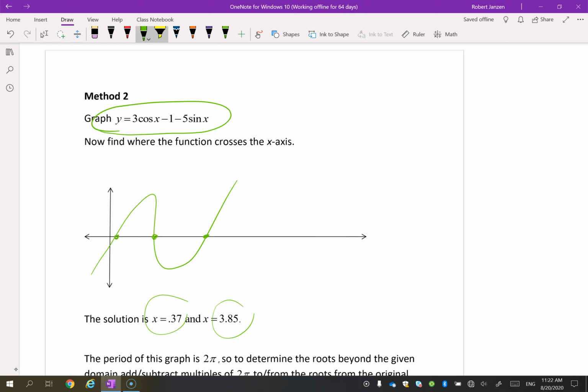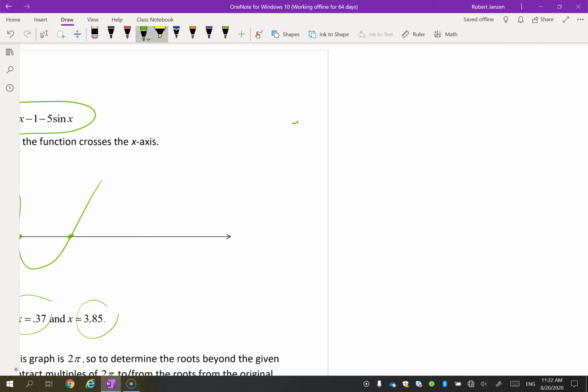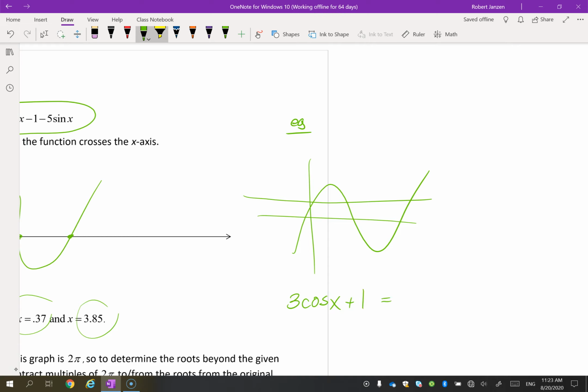Now I have seen this question. It looks something like this. I'm just going to put a sinusoidal graph, and I'll put another line through here. And it says something like, using the graph, state the solution for, and let's make this up, 3 cos x plus 1 equals 2.